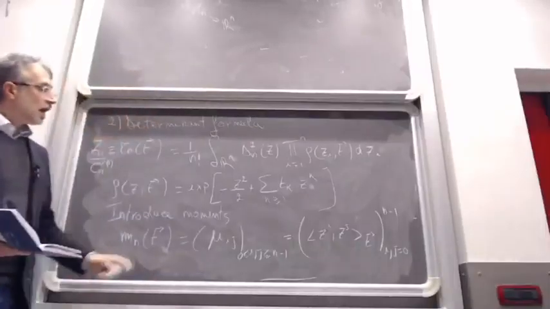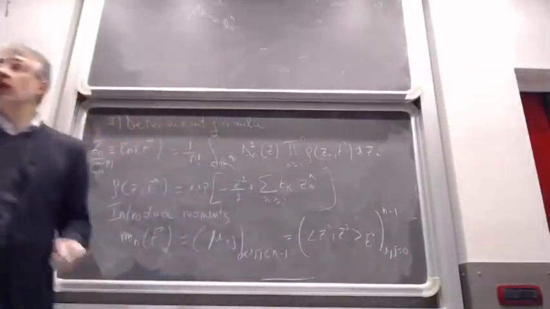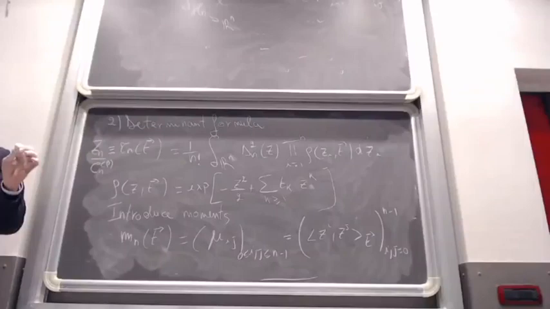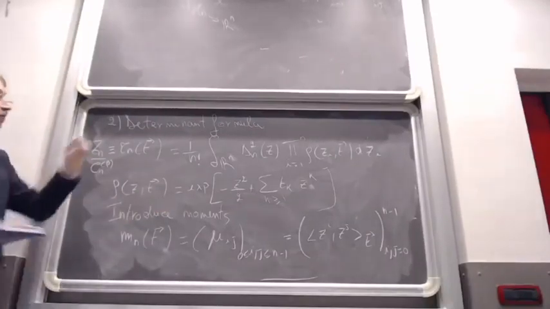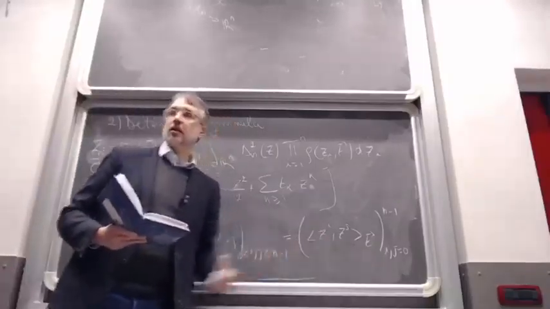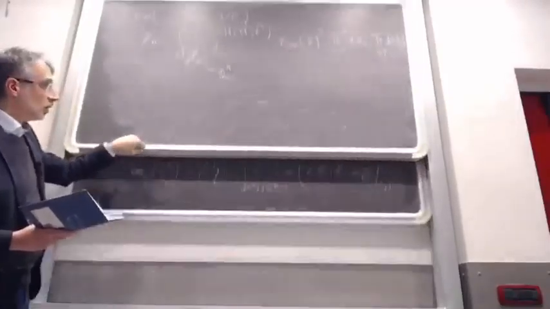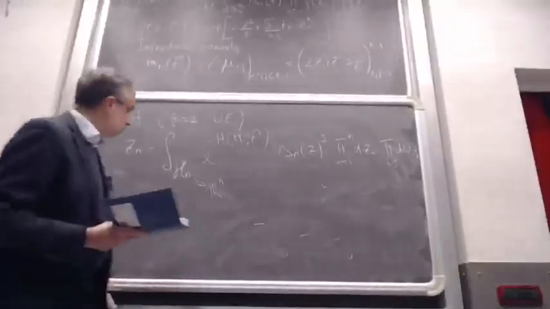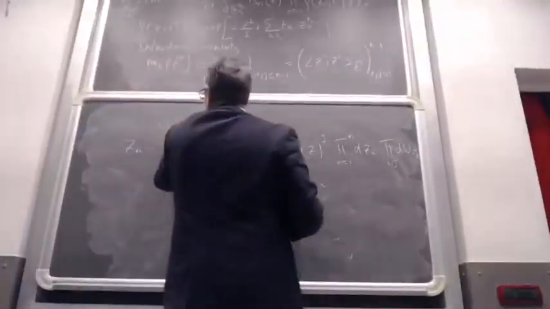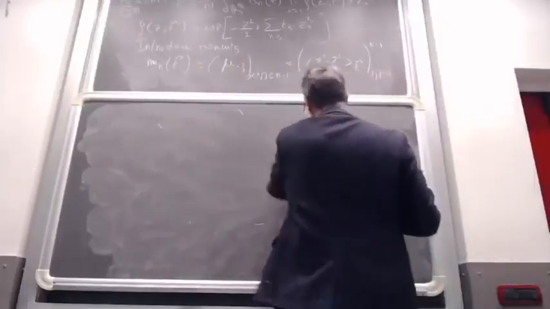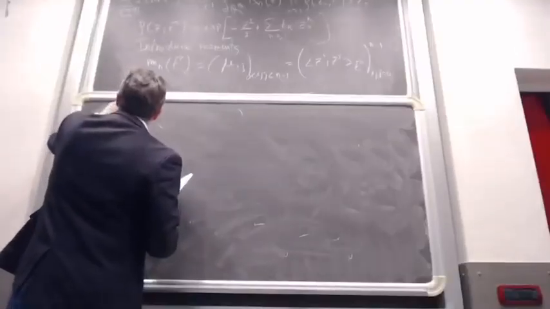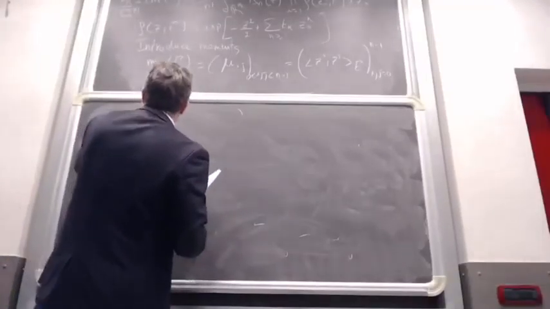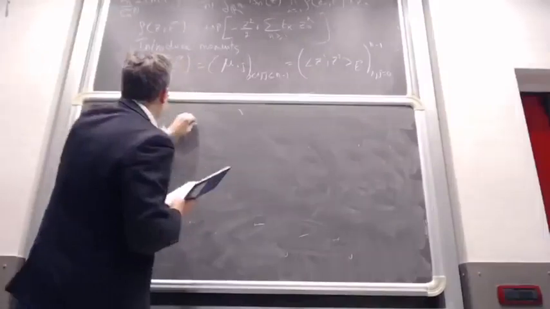Okay? So these are expectation values with respect to a particular measure associated to this function rho. Let me define this quantity so that it will be clear what we're talking about. So the pairing of z^i and z^j is a scalar product.